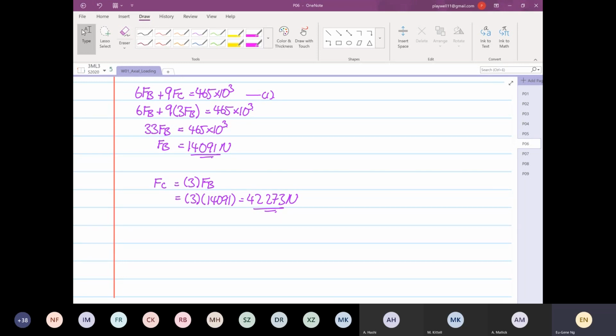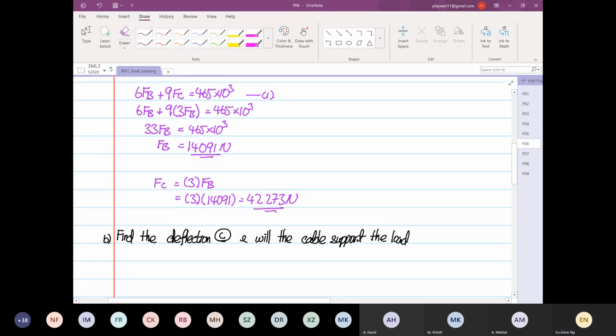Okay. And then finally, the last part, which we already have the equation already. So for the next part of the question, we're going to find the deflection of point C. And one more thing that we'd like to ask is, will the cable support the load?